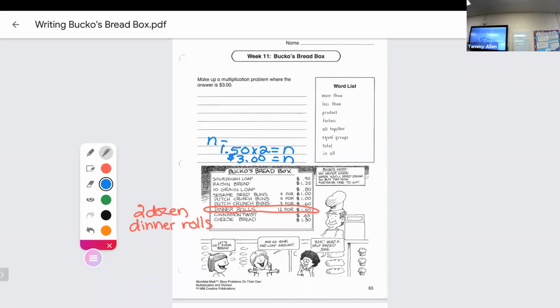What's M going to stand for? If you define our variable, what's M going to stand for? Ezra. Pardon? More than just dinner rolls. Not the amount of dinner rolls.